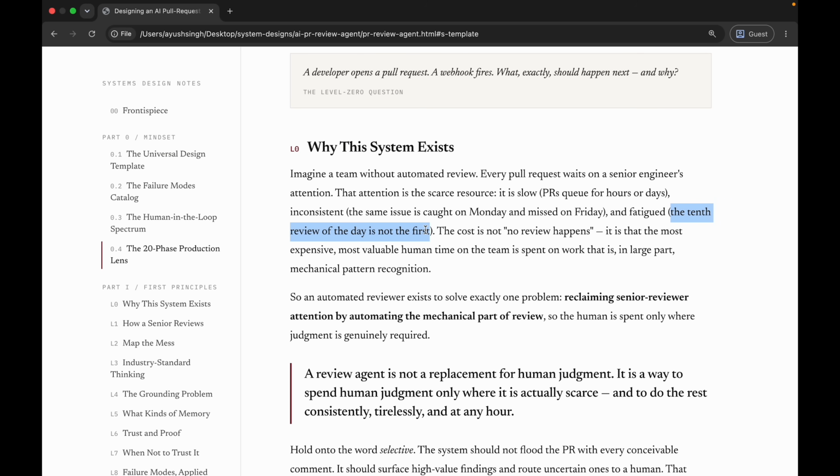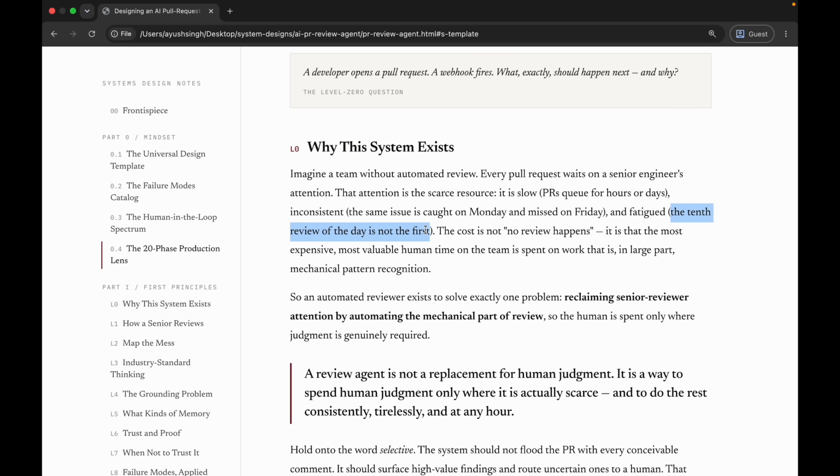The level and quality of the review is not equal to the first, because humans have a tendency to get fatigued, right? And if no reviews happen, people spend a lot of time on it. So if we just remove this, we can feel the problem.